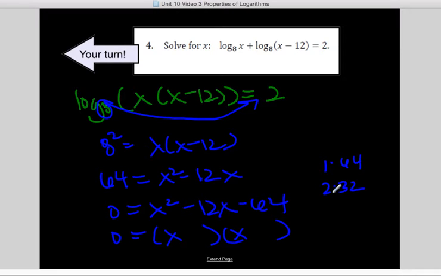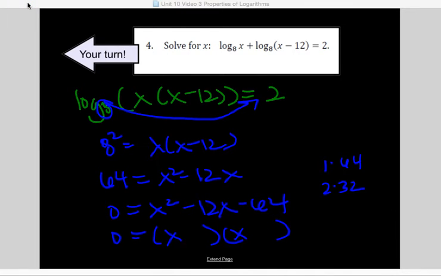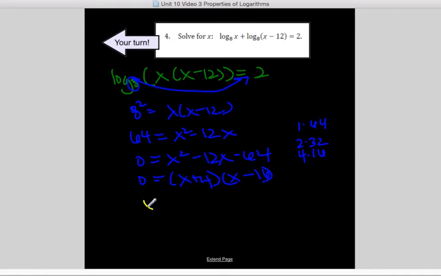How about by 4? 64 divided by 4 is 16, so we'd have 4 times 16. Would that work? Yeah, it would. So I'm going to have 4 and 16. To add to negative 12, this would be negative, this would be positive. Now we go ahead and set each part equal to 0.